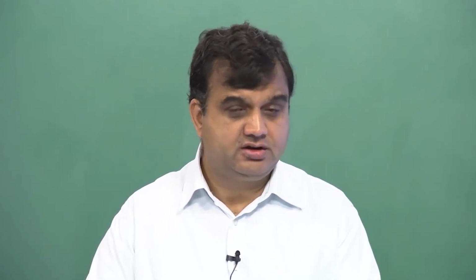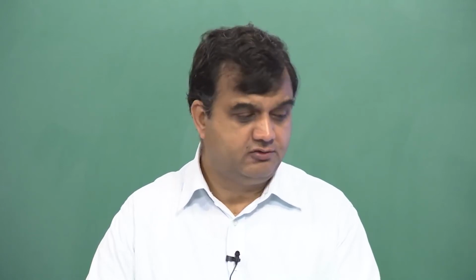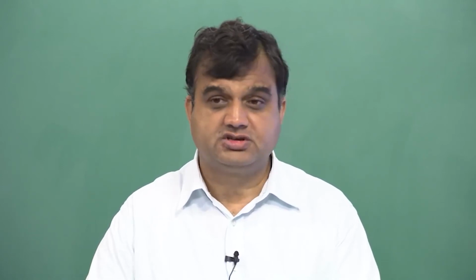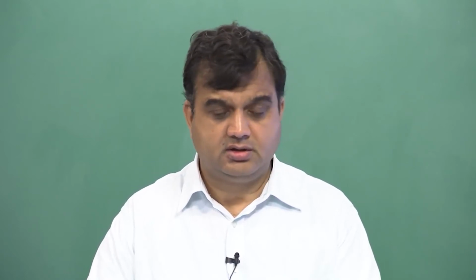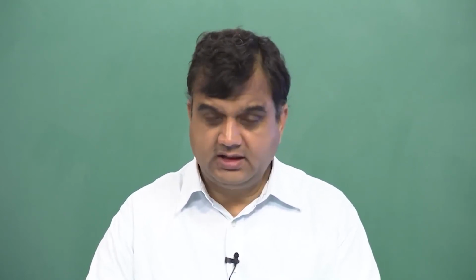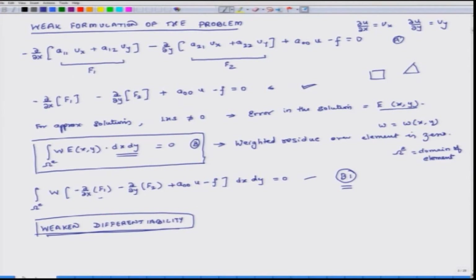Yesterday we had introduced the need to have a weak form of this two-dimensional partial differential equation having one variable, and that is what we will continue to do today. So, to recap, this is our equation A, which is the basic equation we will try to solve.